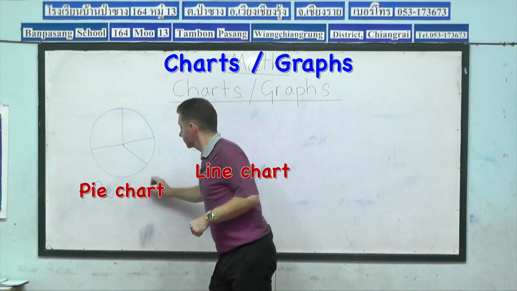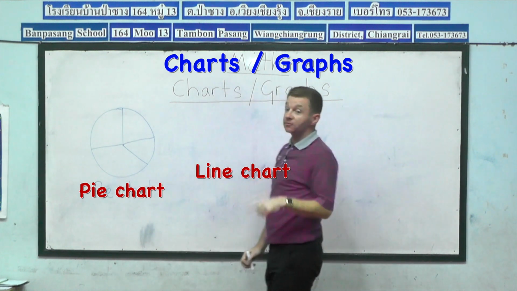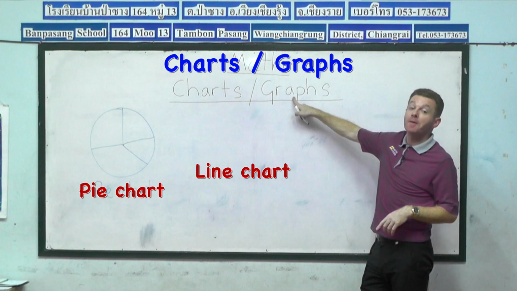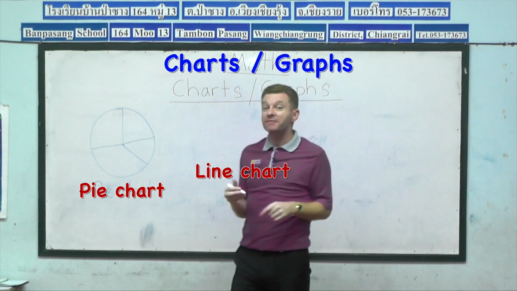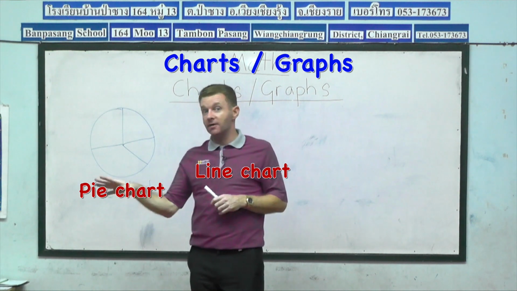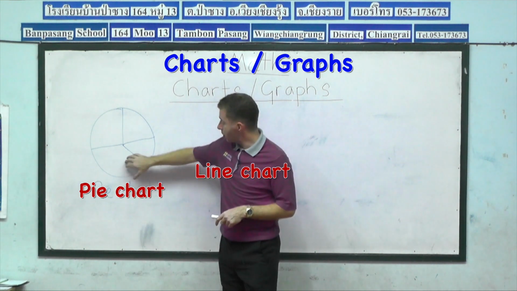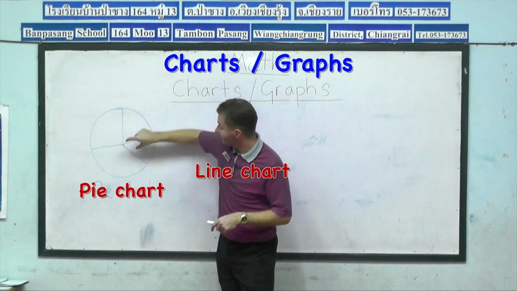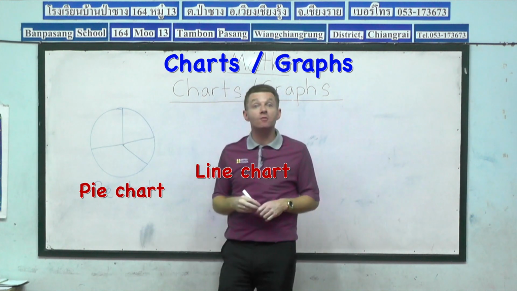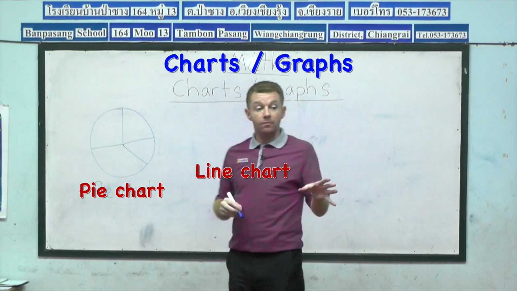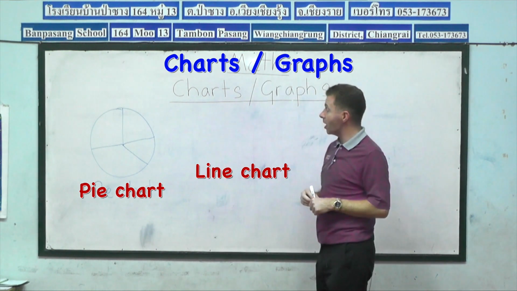Chart. Or you may sometimes hear it referred to as pie graph. So remember, guys, charts and graphs means the same thing. A pie chart is a pie graph. And how a pie chart operates is that the different sections of the pie relate to different parts of information. So that's one type of chart.